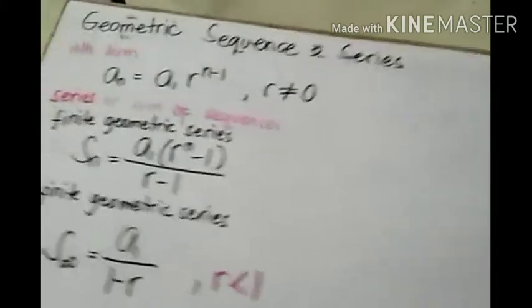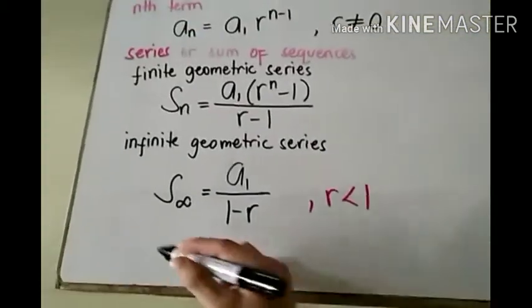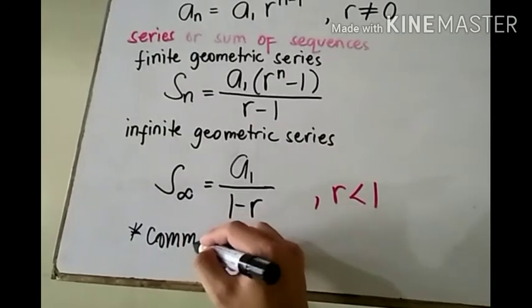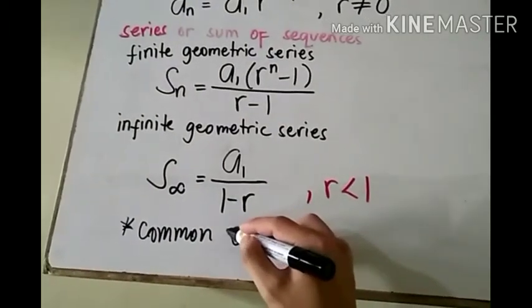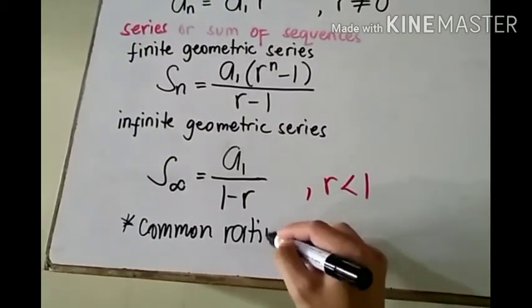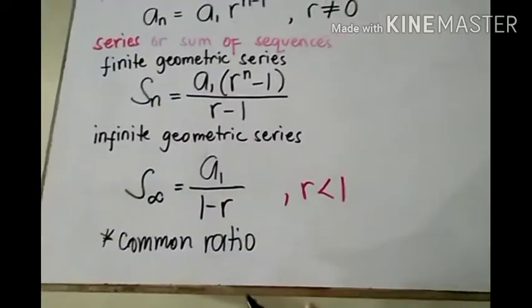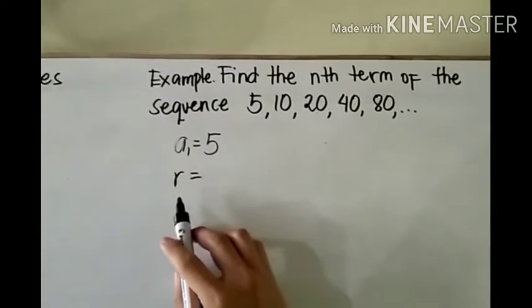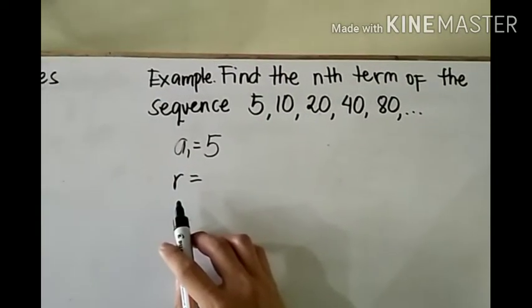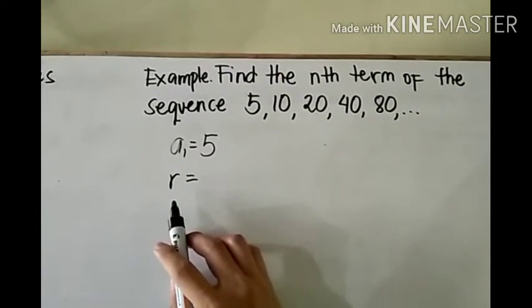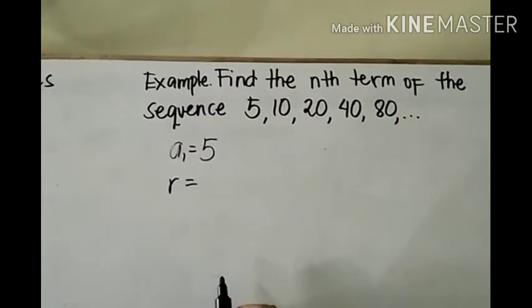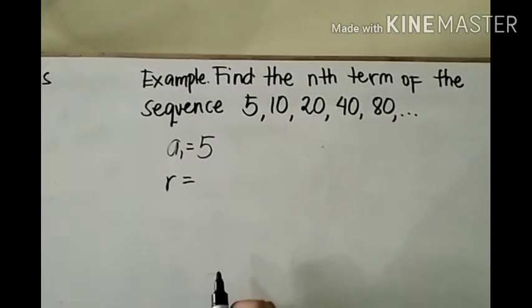Kapag geometric sequence, we are looking for the common ratio, kaya symbolized by r. So sa arithmetic sequence and series, ang nandoon naman ay common difference, kaya ang symbol natin doon ay letter d. Kapag sa geometric sequence and series, we use r.